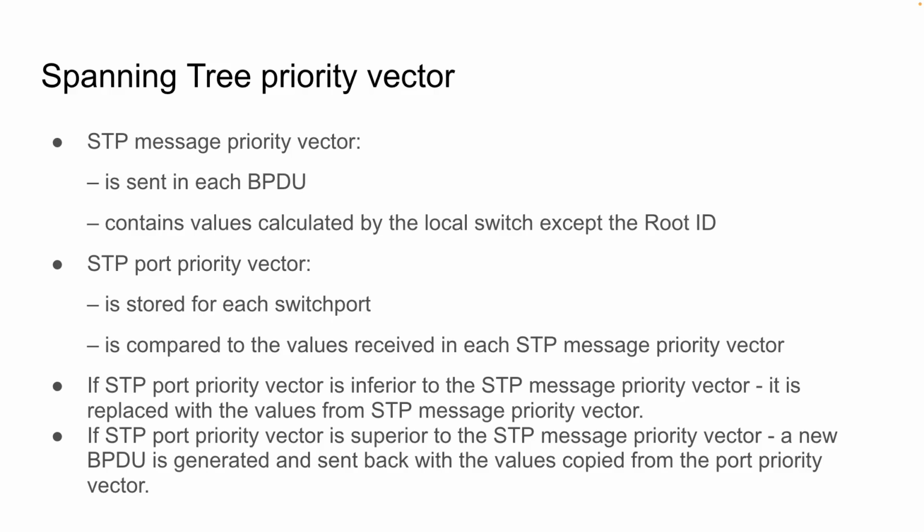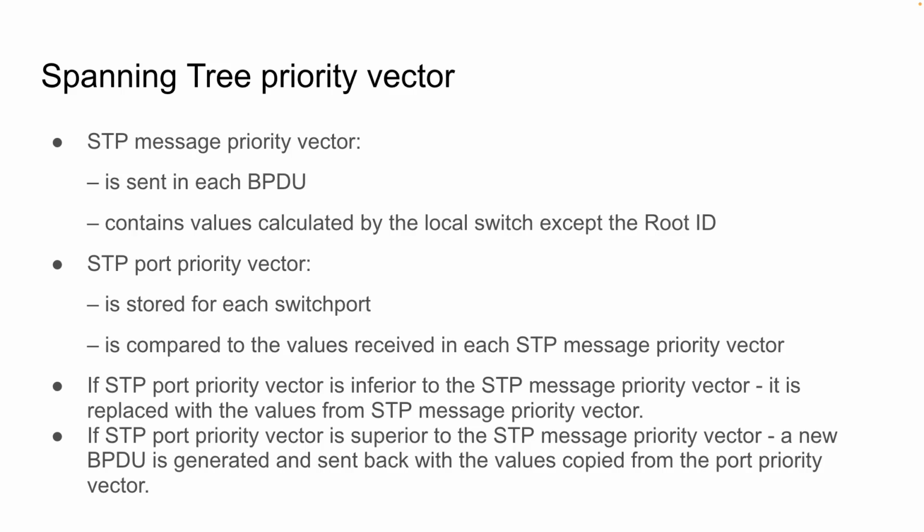There are two flavors of spanning tree priority vector. The STP message priority vector is sent out in each BPDU frame. It's basically the contents of the BPDU, apart from other parameters. The message priority vector contains values calculated by the local switch except the root ID, because root ID is set by the root bridge. And there is also the STP port priority vector.